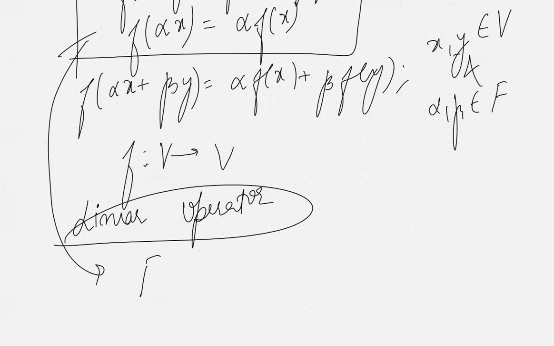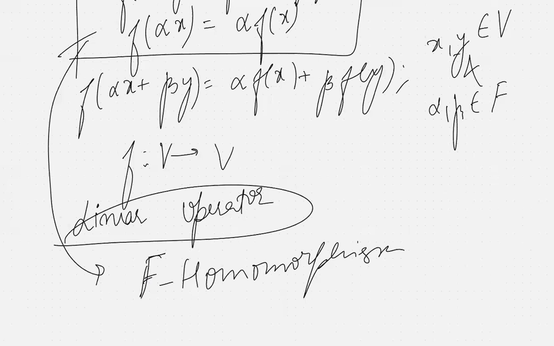Because capital F means the vector spaces of the domain and codomain are defined over the field F. And next, if this homomorphism is one-one and onto, it will turn into an isomorphism.